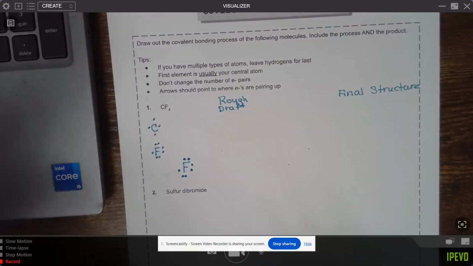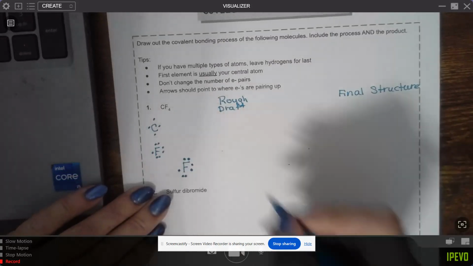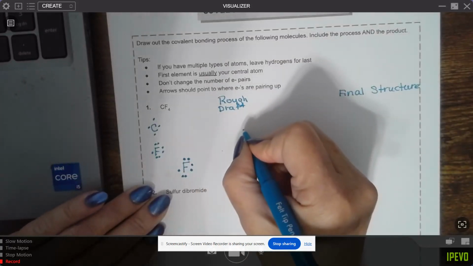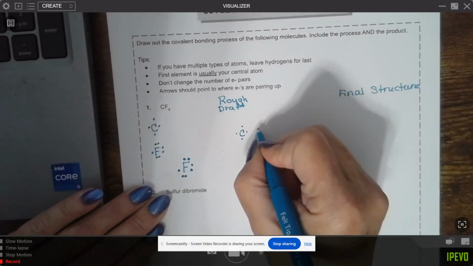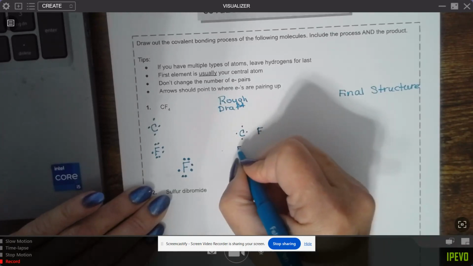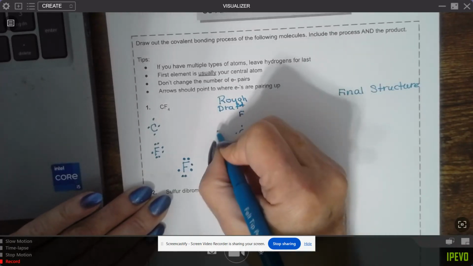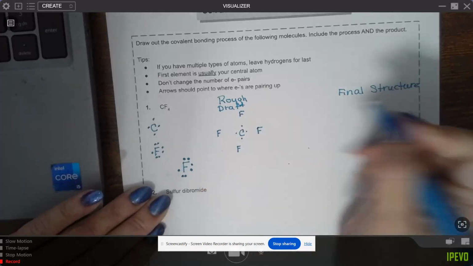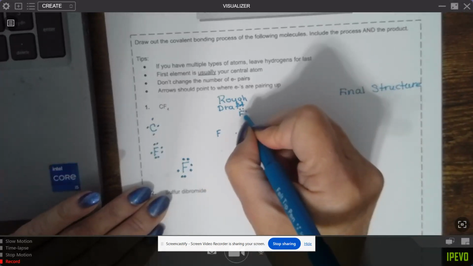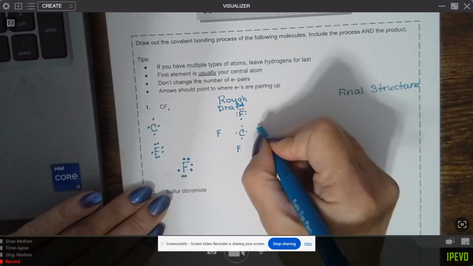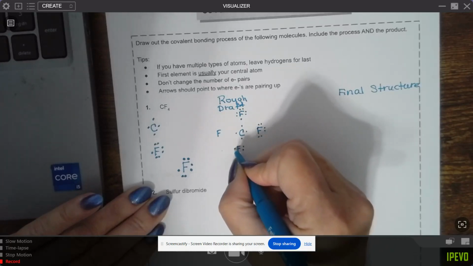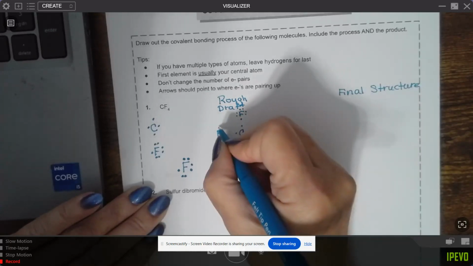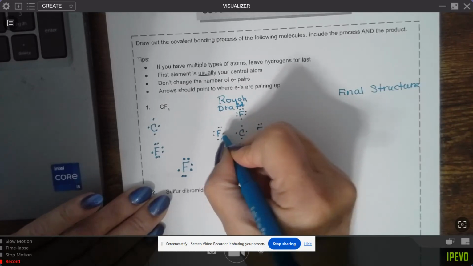Okay, so CF4, carbon's going to be in the middle. So 1, 2, 3, 4. And then I have 4 fluorines, so I'm going to put 1 fluorine on each side of my carbon. And then I'm going to fill in the 7 valence electrons on each fluorine atom.